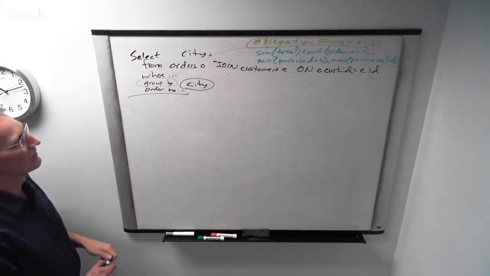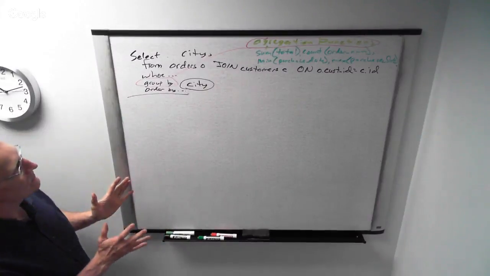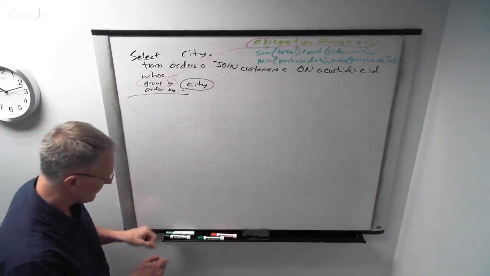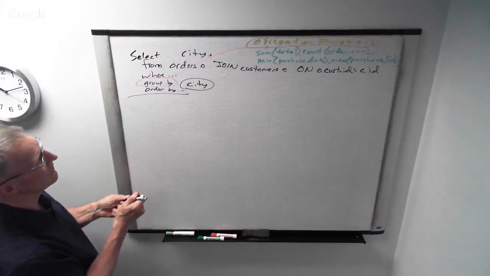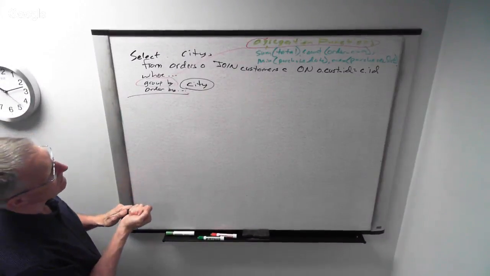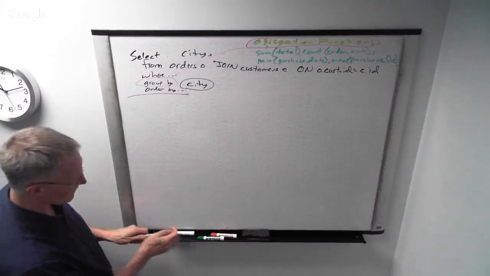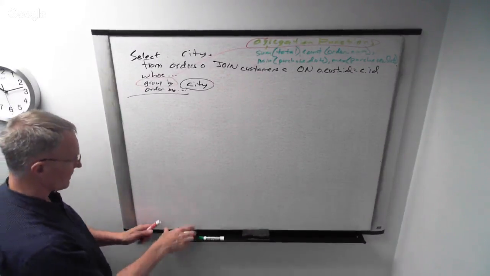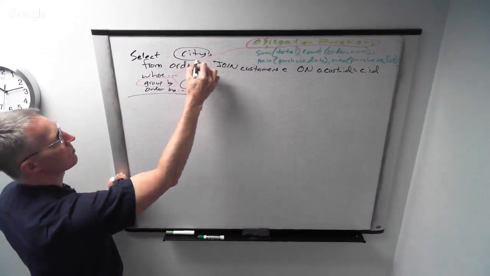All right, a couple other things that we've seen with group by and order by. Let me come down just a notch here. I've got city up here, I've got city over here.